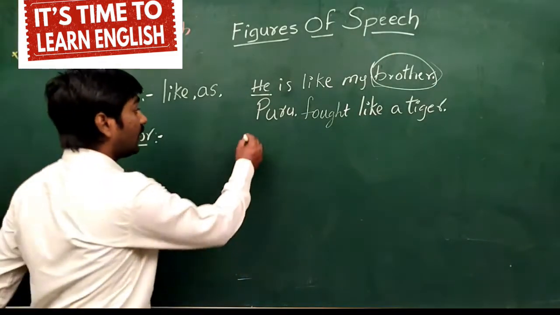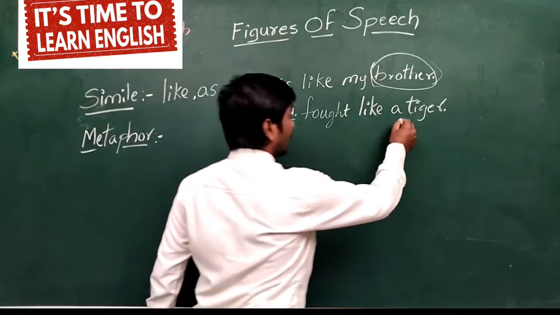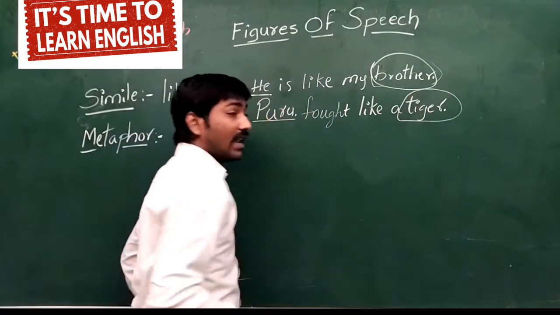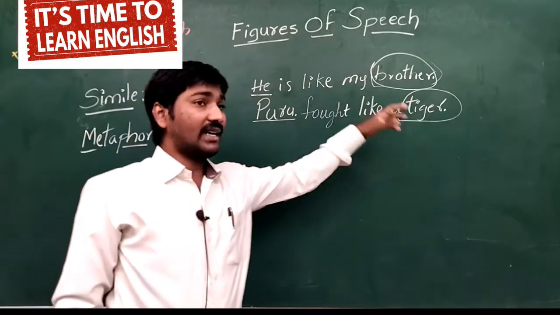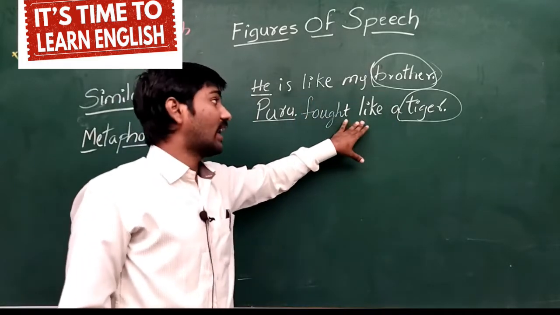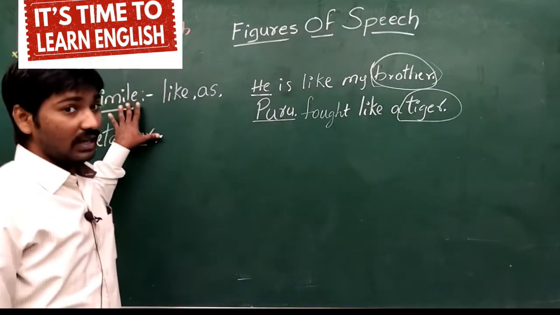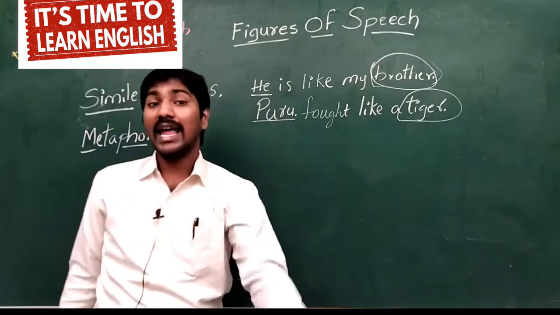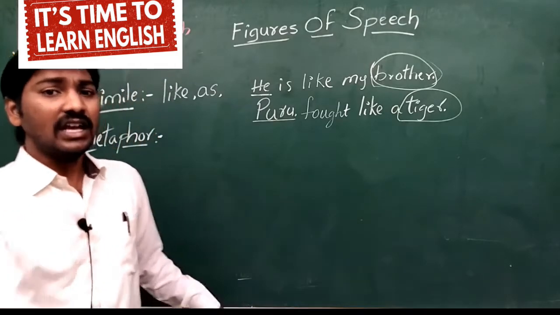So here we compared Puru with whom? With a tiger. So we compared two unlike things, Puru and a tiger, by using like or as. So here we got like. So this is simile.